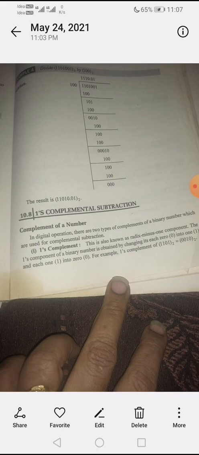We will get the one's complement by changing ones to zeros and zeros to ones.